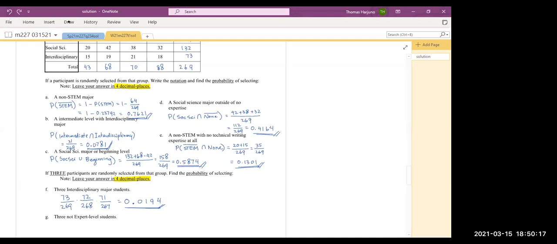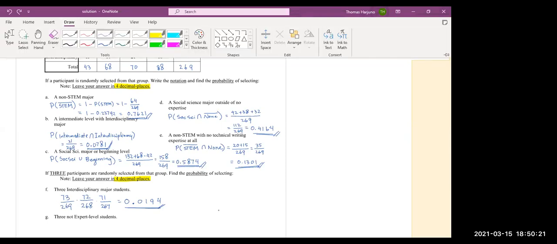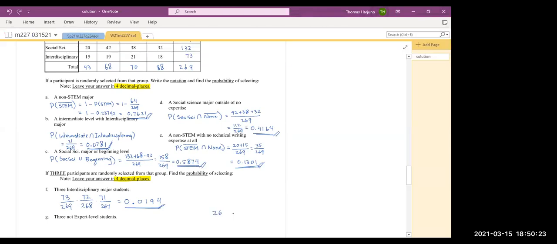Yeah, so let's write it down. 269 minus 88 is what? 181. Oh, it's 181. Thank you. So that's the number of not expert.